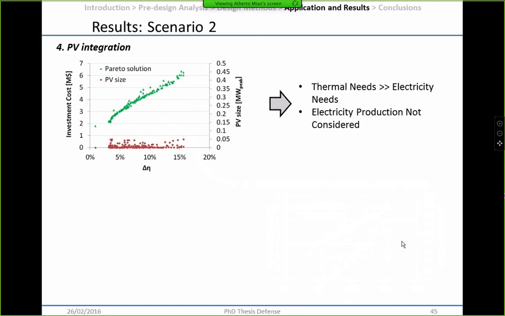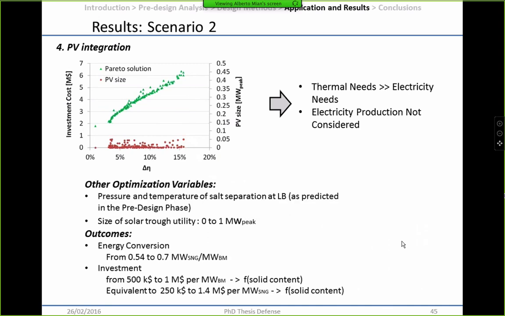The size of the PV is not affecting the optimization because the added cost of this technology is very small compared to the added cost of the storage and the concentrating solar trough.